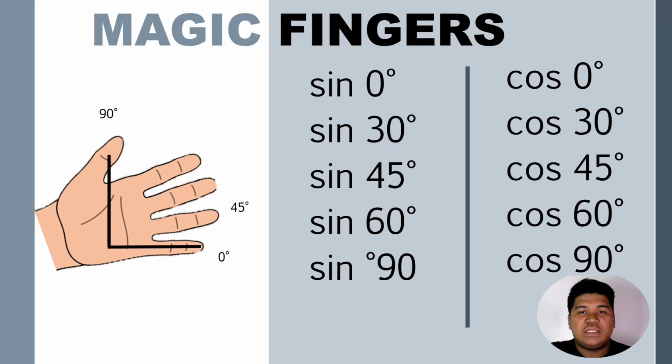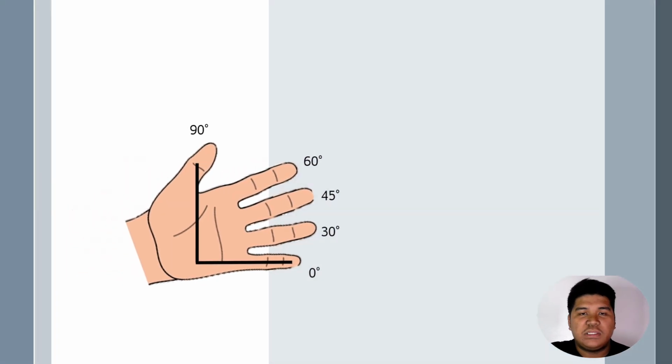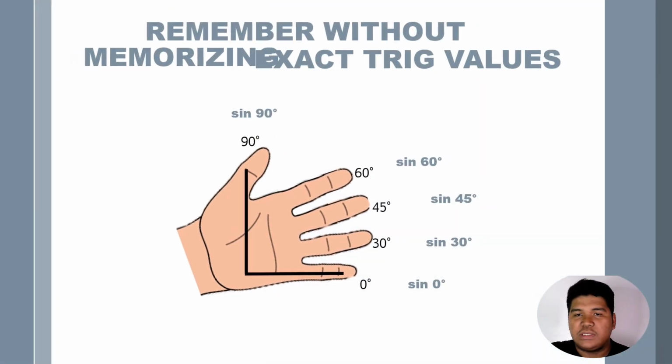The middle is our 45 degrees angle, 30 degrees is located here, and lastly, 60 degrees at this position. With our magic fingers labeled, we are now ready to find the exact values of trigonometric functions.